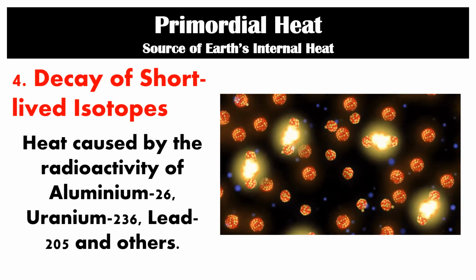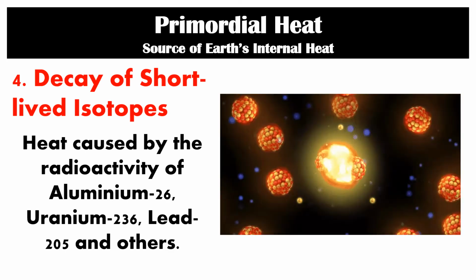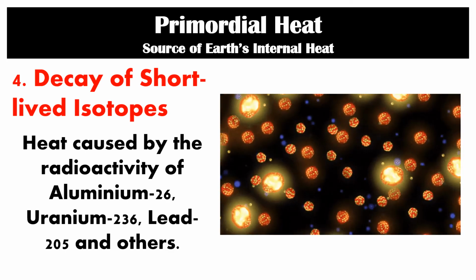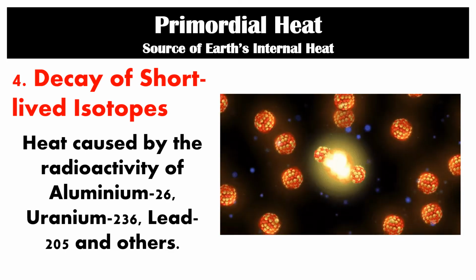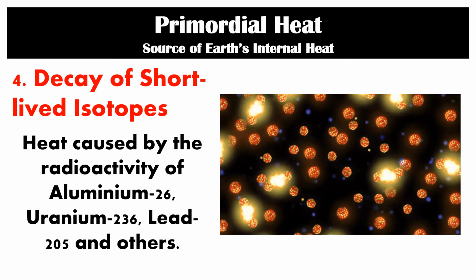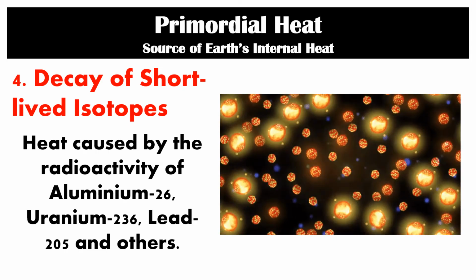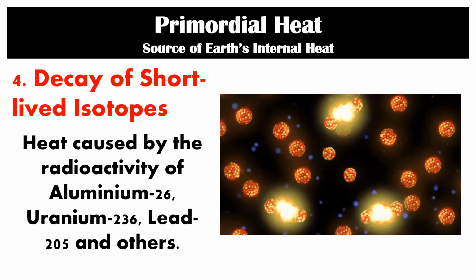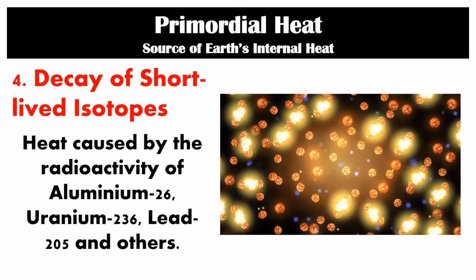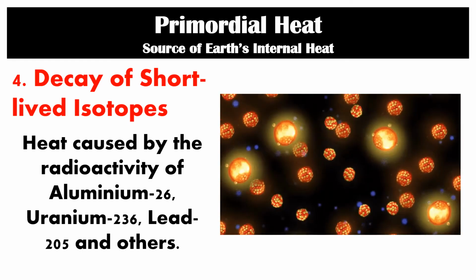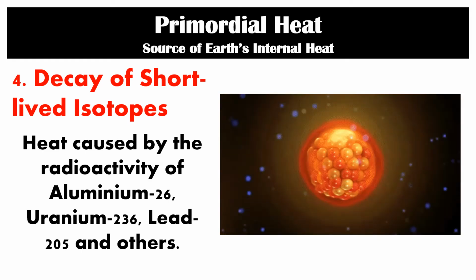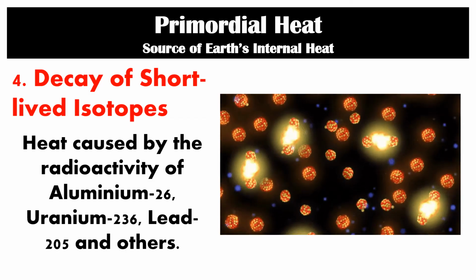Last, under primordial heat, is the decay of short-lived isotopes. This is caused by the radioactivity of aluminum-26, uranium-236, lead-205, and other short-lived isotopes. So ito yung mga elements na napoproduce during the early formation of any celestial body.